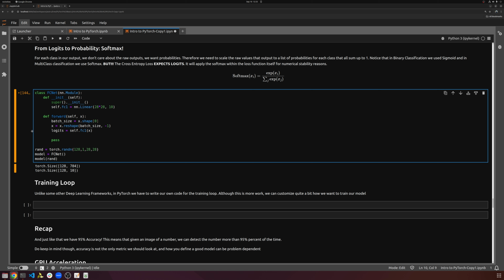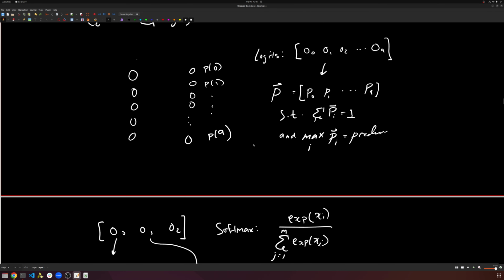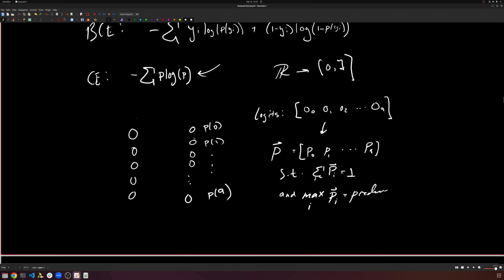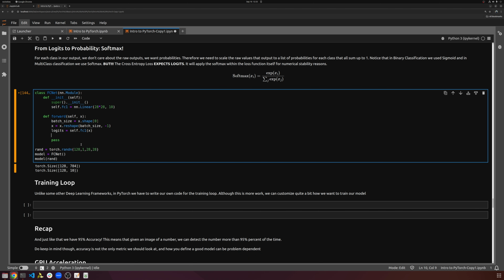Now we're going to do our log softmax. Remember, it's not just softmax, it's actually the log softmax. If we look at our cross entropy loss, it's not just the probability, but the log probability. So we can do x is equal to F. F is functional, which we imported at the very top.